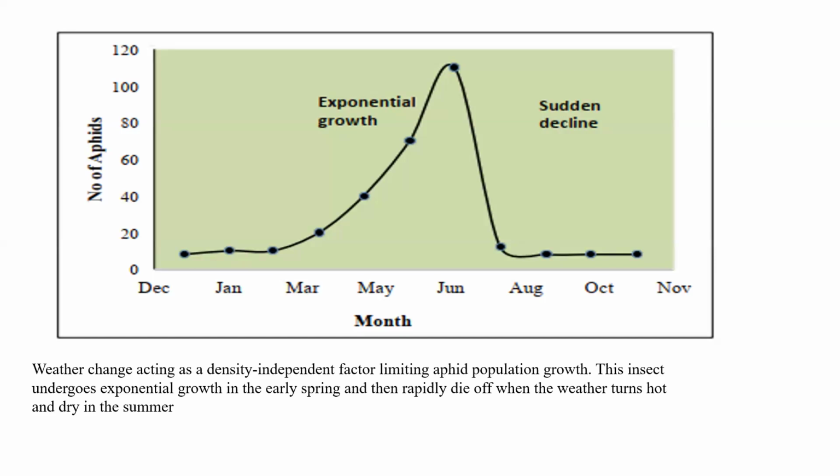So when the weather favors them, they grow exponentially, and when the weather disfavors them, they go down and die off. All right, they die off.